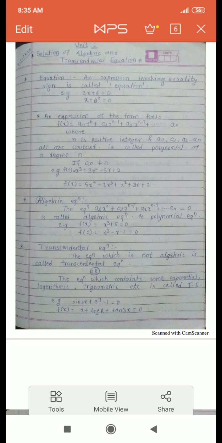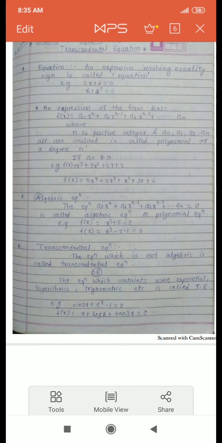The equation which is not algebraic is called the transcendental equation. Here the spelling of algebraic should be ALGEBRAIC. The equation which contains some exponential, logarithmic or trigonometric functions is called the transcendental equation.